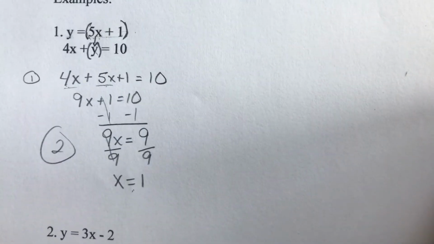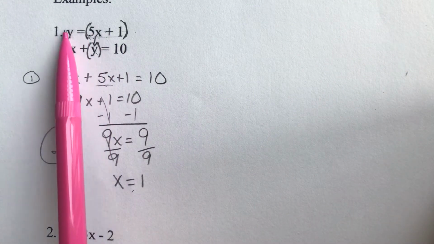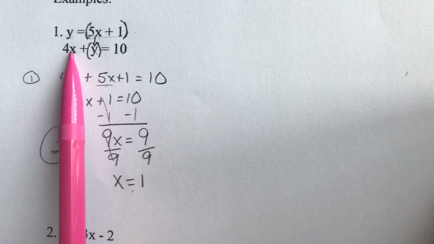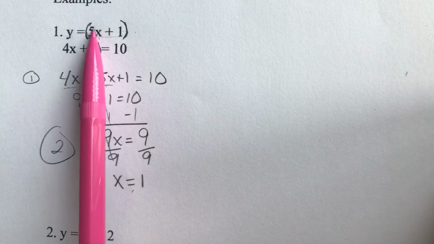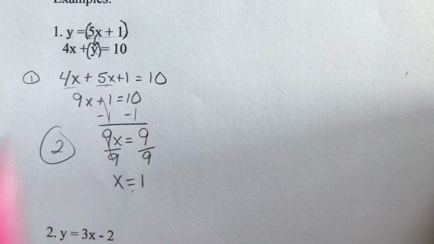It doesn't matter which one. I guess I could do both, which would be a way of checking it as well, to make sure I get the same answer. Whatever we find here, we want those same exact numbers to work here. We found 1 for x, so let's substitute that in.